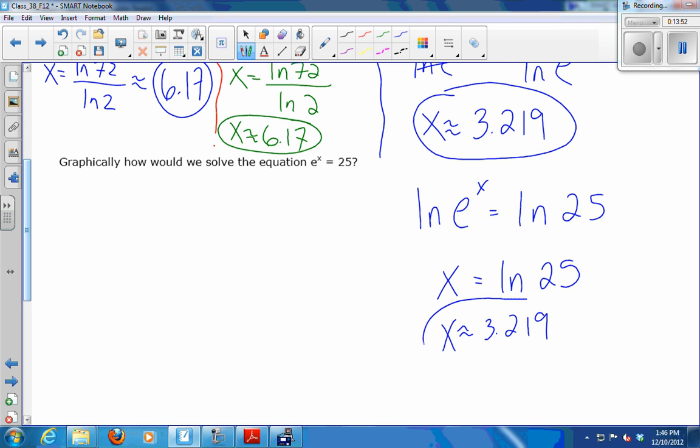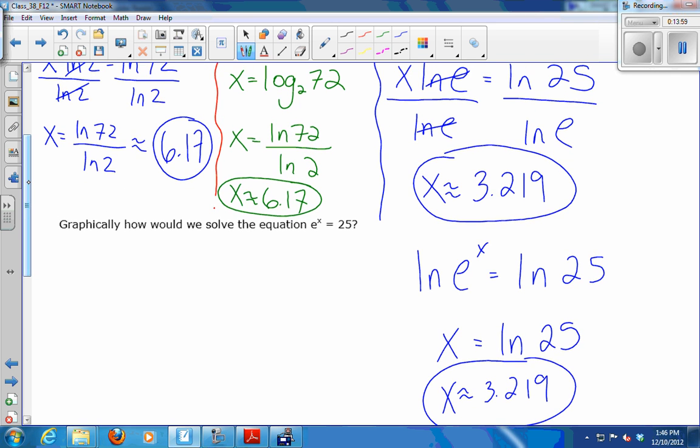3.219. Now, how is it that the ln of 25 is the same number as the ln of 25 over the ln of e? Why are they equal? Because the ln is base e.